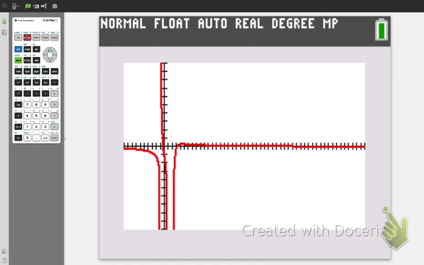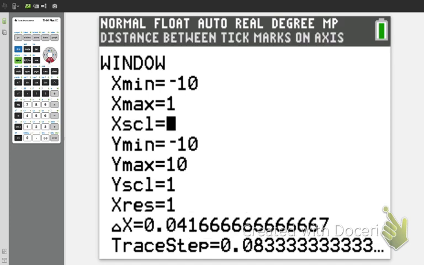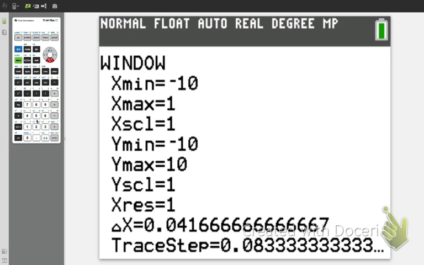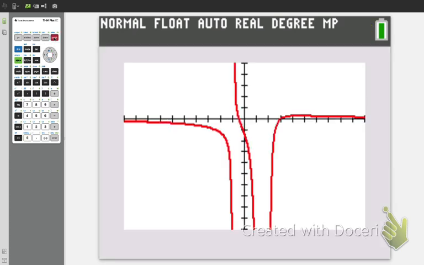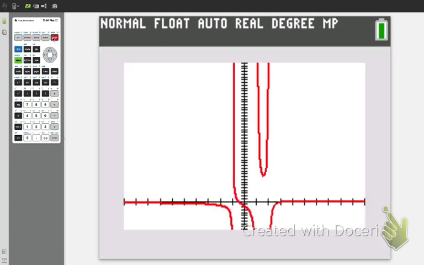Oh, I did X. I didn't want X. I wanted Y. I'm going to put the back at 10. Oh, I put it at 1. Okay. Now graph. You put it at 5. This thing does not always get my zeros. Okay. Is that what our graph looked like? Yes? Okay, so you can check them and make sure you're getting them right.